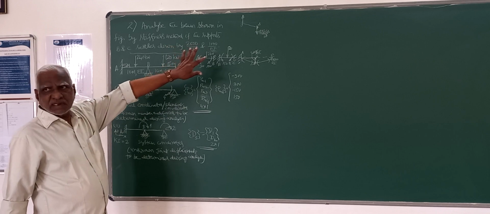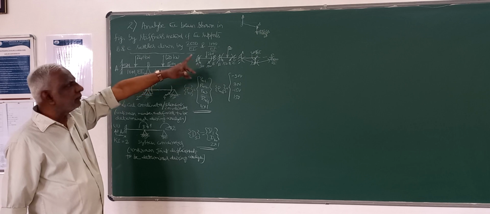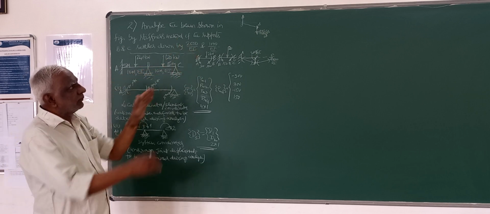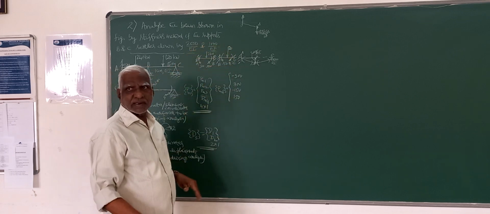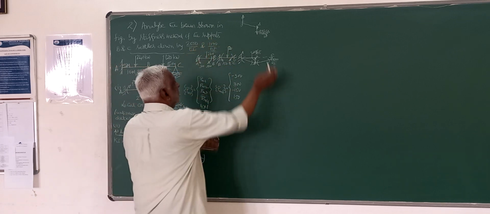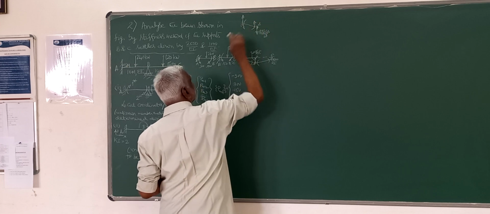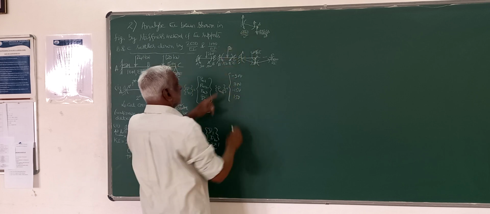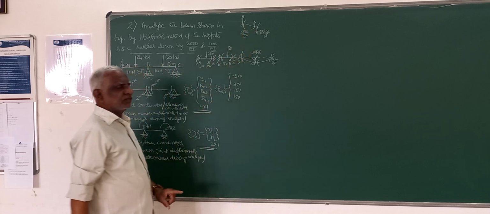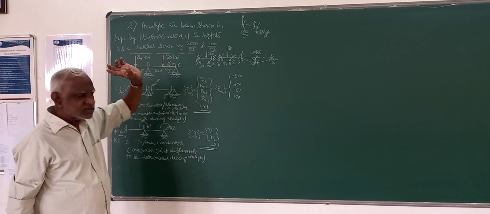This is in equilibrium with respect to vertical forces being equal to 0, but it cannot be in equilibrium because these two equal and opposite vertical forces give a moment in the clockwise direction. To keep it in equilibrium, there must be an equal and opposite moment here, and that moment will be 6 EI delta by L square. This is the fixed end moment generated on account of this settlement of support.